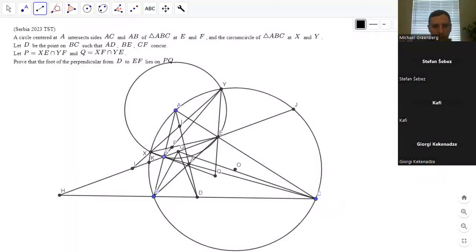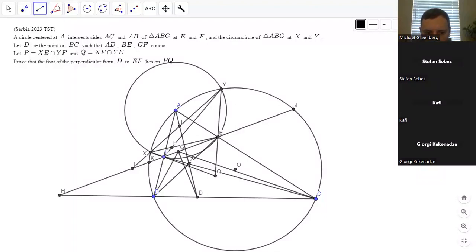So I try the law of sines. So what do we know about triangle IEC? There's a way to get rid of IE over IF. Okay.